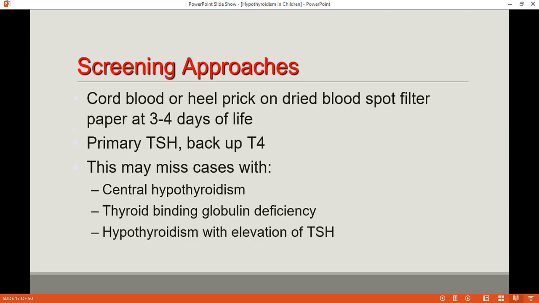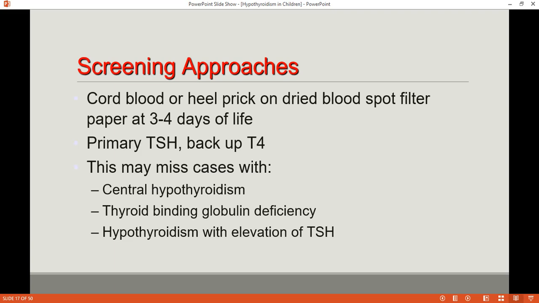Screening approaches: cord blood or heel prick on dried blood spot filter paper at 3 to 4 days of life, with primary TSH and backup with T4. Ideally, TSH and free T4 should both be done, but it is costly, so you can do TSH first with T4 as backup.